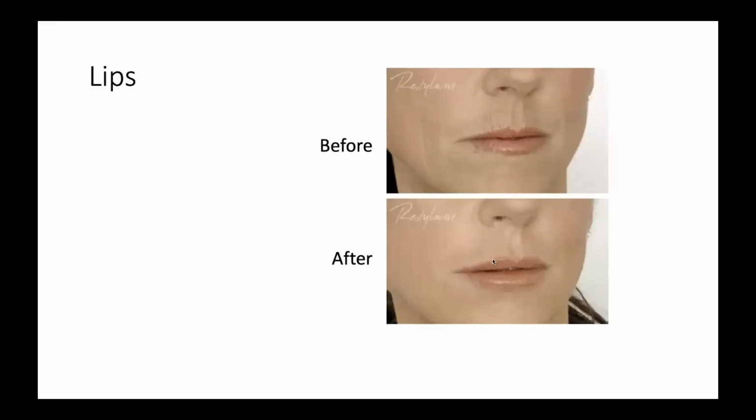In the area of the lips, we put a little bit of filler right at the vermilion border, the border between the pink part of the lip and the skin, avoiding this area here called the Cupid's bow, and then again the vermilion border here. Same for the bottom here. It really plumps out the lip, and it can decrease a lot of the wrinkles, these perioral rhytids around the lip.